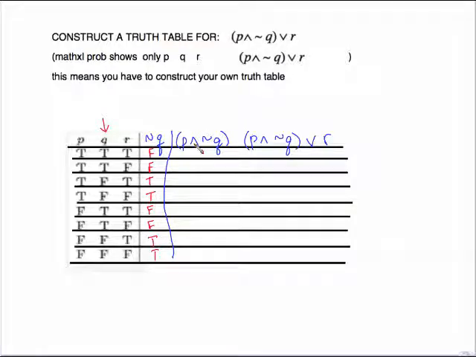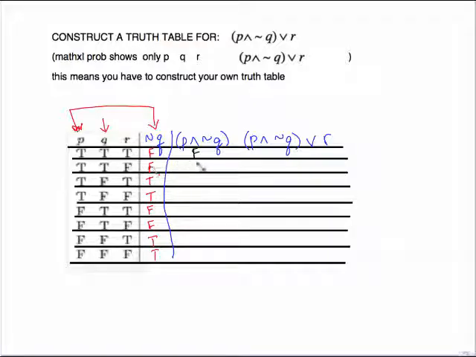Now we want to do P and not Q. Two suggestions when you're doing these truth tables: use these little arrows and the circles and things. Also, you might want to have different colors as you work. So P and not Q, I'm looking at these two columns using the connective and. So we're looking at true and false is false.